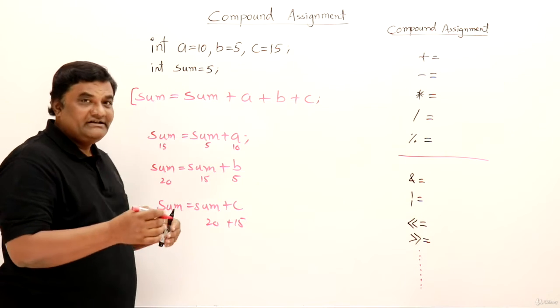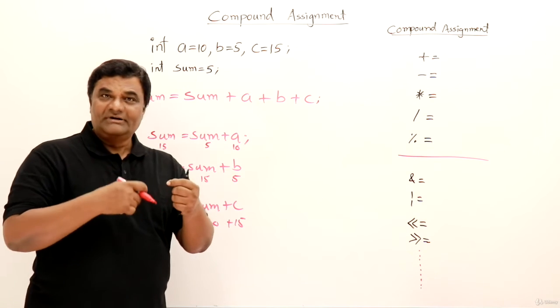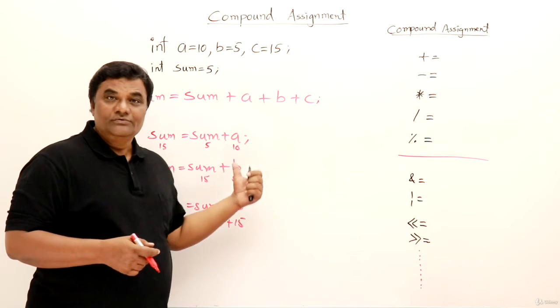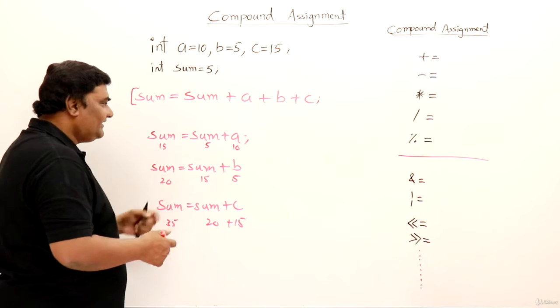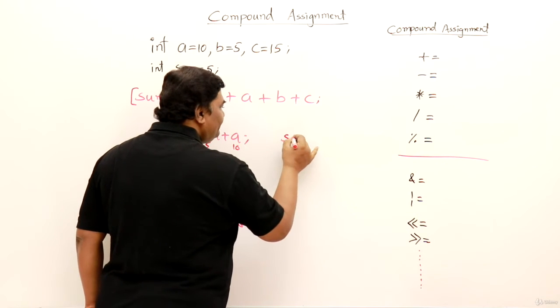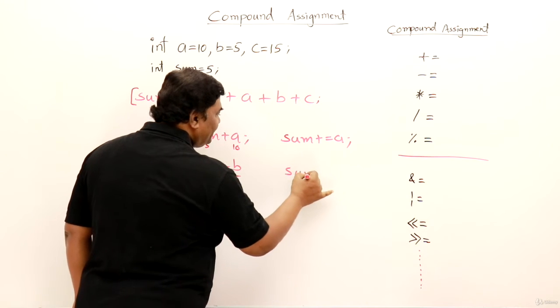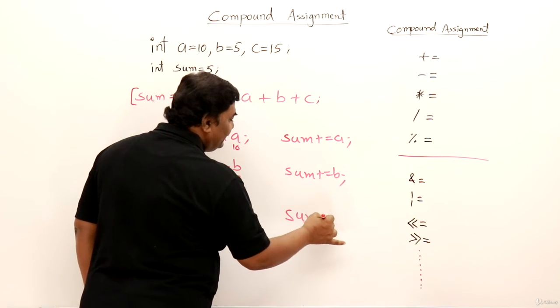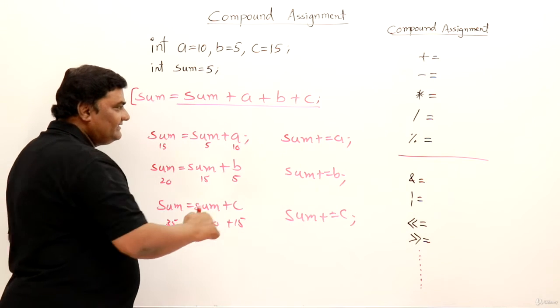Sometimes in our programs, that is in coming sections, we will see that we have to add multiple values one by one. So in such situations, we use this type of operator, that is compound assignment. So the same thing, I can write it like this now. Sum plus assign A, sum plus assign B, sum plus assign C. So the same statements are written like this now.